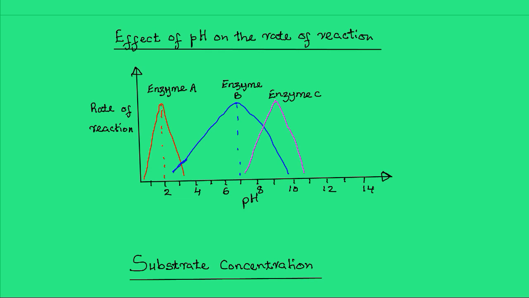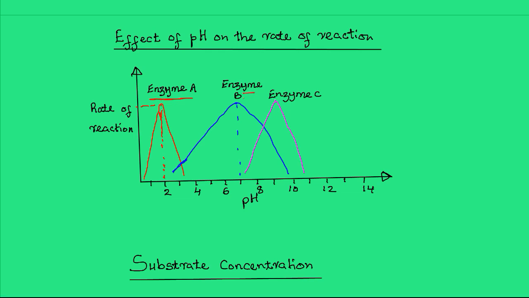So if you look at these three enzymes here, for example, enzyme A has an optimum pH of about 2. This is what produces the highest rate of reaction.